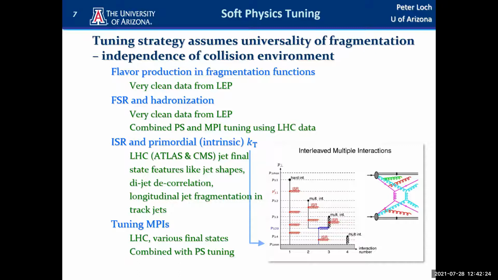For this, we can use LHC data, mostly jet shapes, dijet decorrelations, longitudinal jet fragmentation using tracks. So we have some handles that are sensitive to these parameters in the soft modeling, and we can tune them accordingly.